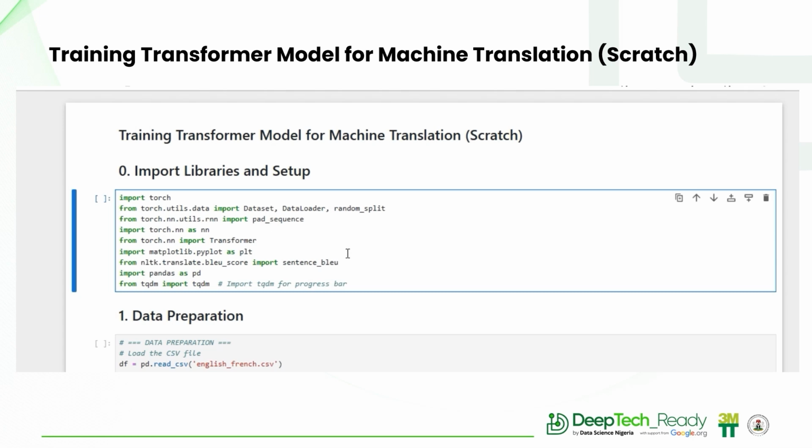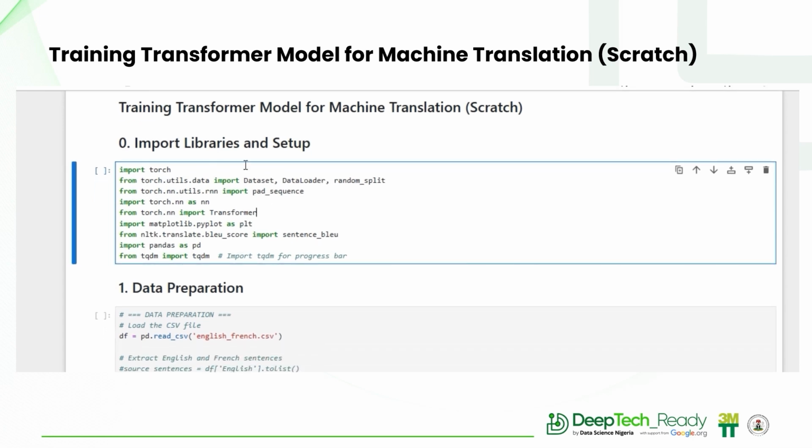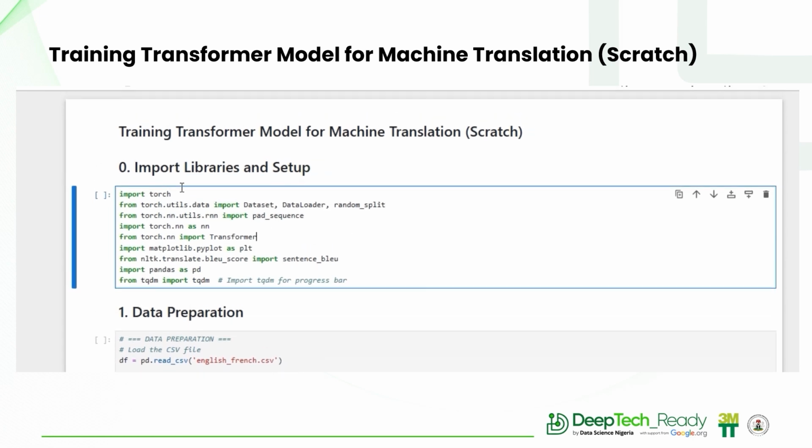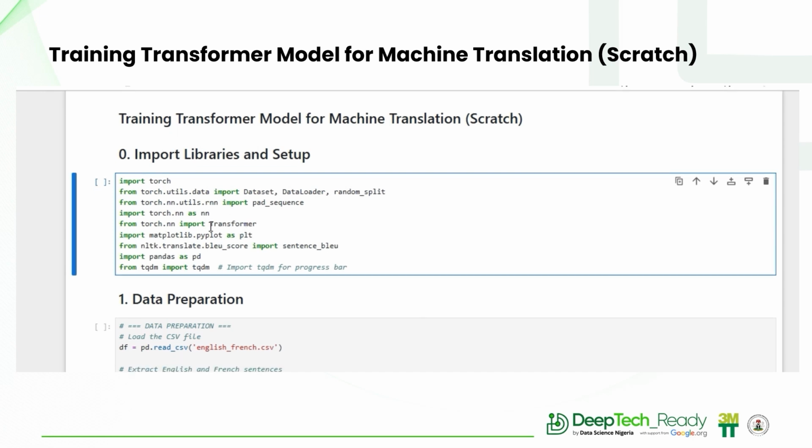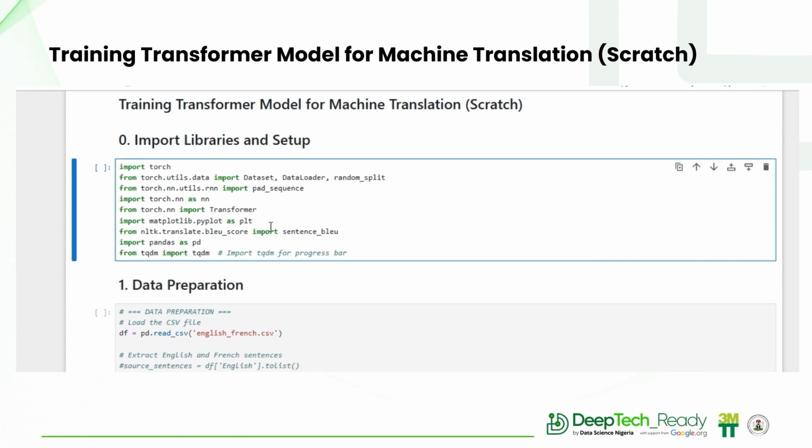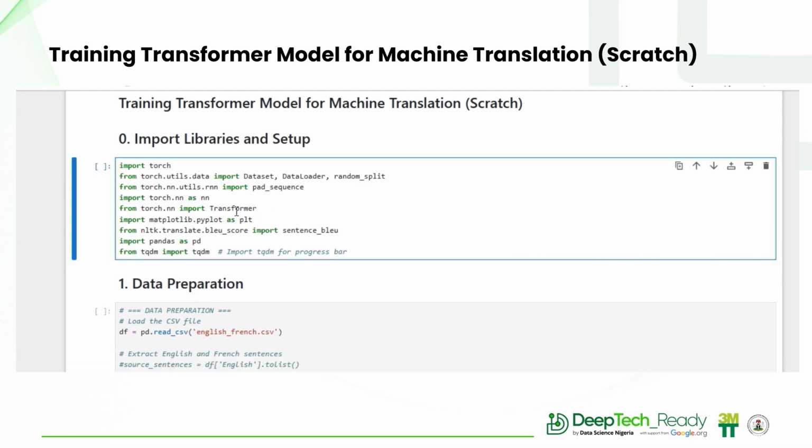Then we're importing Torch, where we're going to use datasets, data loader, random split, pad sequence, etc. Of course, we're going to be developing a transformer model, so we have to import the transformer library, amongst others. This BLEU is used for computing the BLEU performance. Remember, we've discussed that this is the key metric used in evaluating the performance of a translation model. So let's run this.